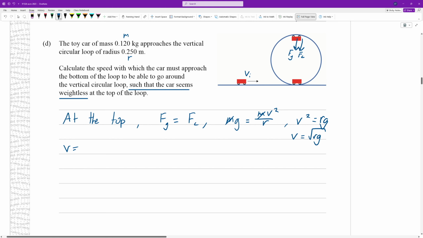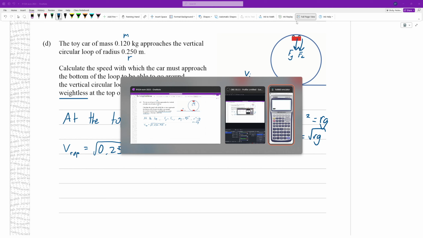So V at the top, so I'd use VT for V top. No, I won't. I'll use V top, because that's even clearer, and it's only 3 letters. Equals the square root of radius, 0.250, times gravity. Where's my trusty calculator?